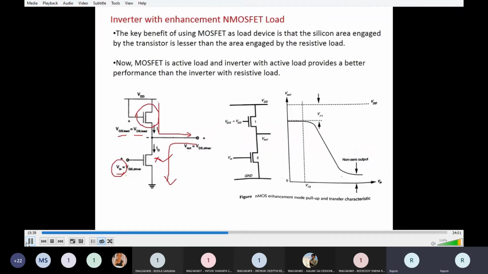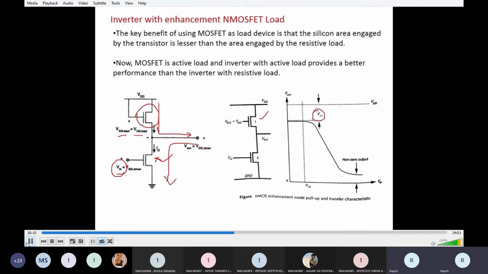To develop the channel, it requires some voltage, that is the threshold voltage. So that much drop will occur across this enhancement mode MOSFET. That's why the output is not equal to VDD, it is equal to VDD minus the threshold voltage across this transistor, that is VT. So VDD minus VT1, where VT1 is the threshold voltage of transistor 1.